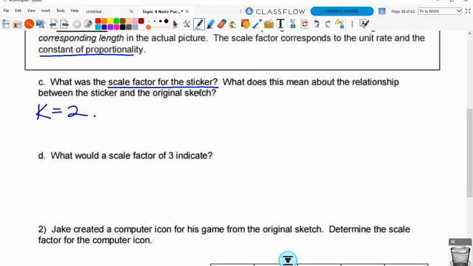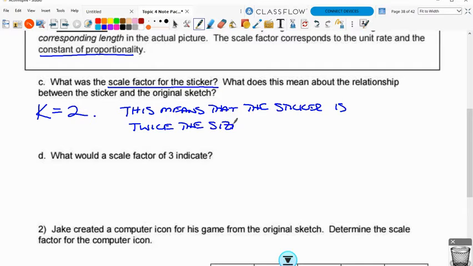Well, since k equals 2, this means that the sticker is twice the size of the original sketch. Okay, so if you take a value from the original sketch and you multiply it by 2, you would get the value of the length on the sticker. K equals 2 means that the sticker is twice the size of the original sketch.